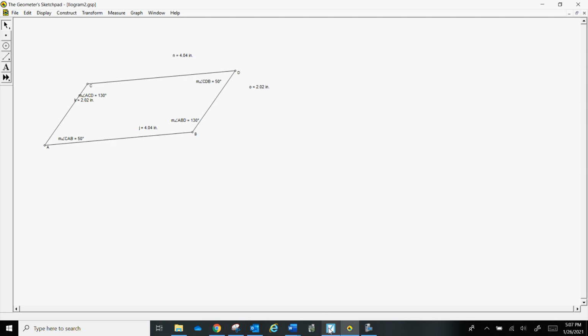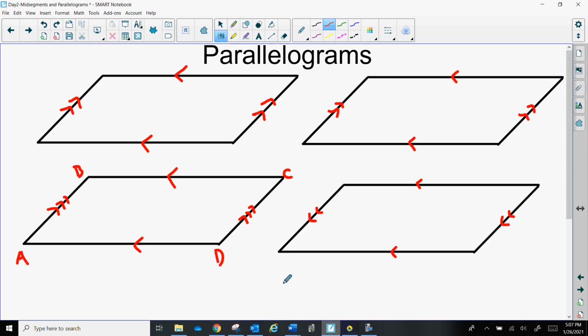So basically, of the 4 rules, these are 2 of them: the opposite sides are going to have the same measurement, and the opposite angles are going to have the same measurement. So there's 2 of the 4 rules about a parallelogram.